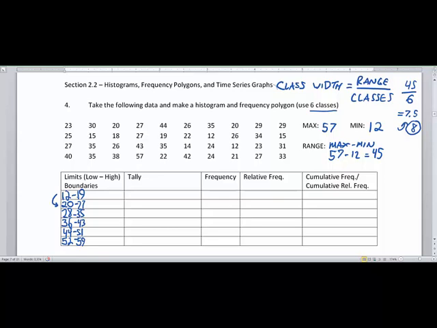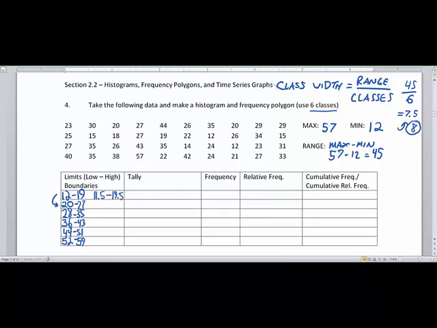Now this is what is most common in most statistics books, the idea of limits. Although sometimes you get into boundaries, which means they take this limit and they drop it by a half step, and then they take this limit and they make it go up by a half step.